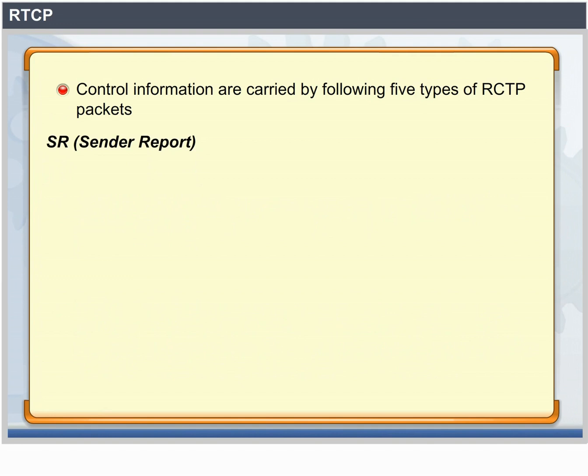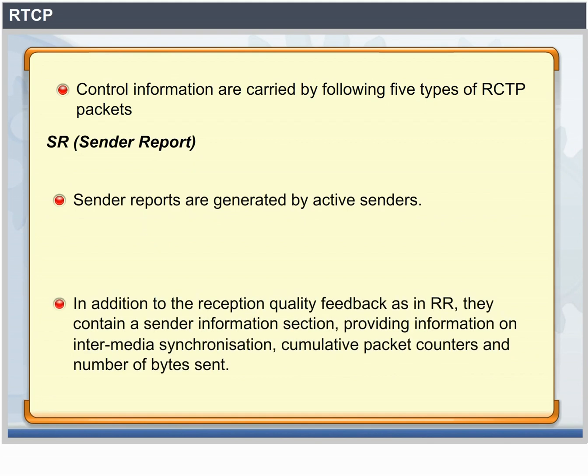SR, Sender Report. Sender reports are generated by active senders. In addition to the reception quality feedback, as in RR, they contain a sender information section providing information on inter-media synchronization, cumulative packet counters, and number of bytes sent.